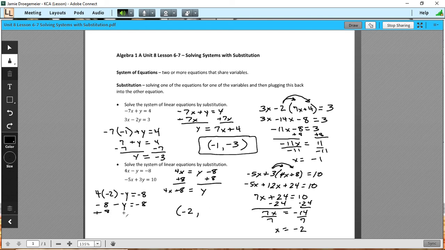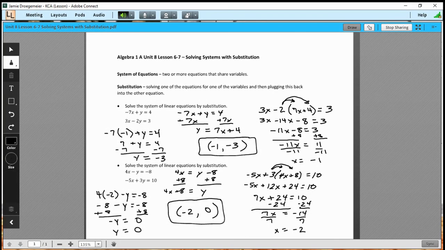I can add the 8 to each side, and I get that negative y equals 0. Divide each side by negative 1, and it's not going to change that value of 0. So our y value for that solution point would be 0. So negative 2, 0 would be our solution for that system.